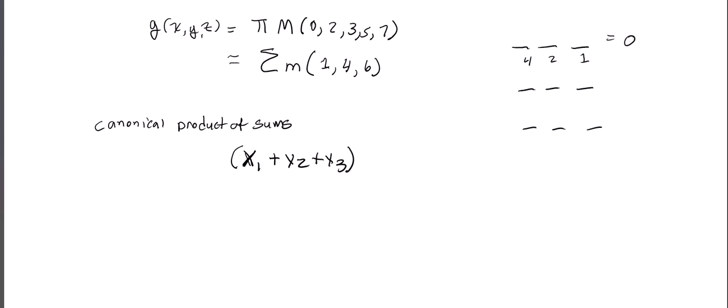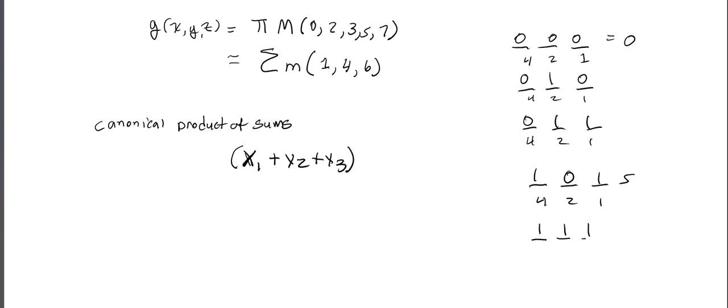So 0 is just going to have 0 in all of them. 2 will have a 1 in the 2's place and 0's everywhere else. 3 would be a 1 in the 2 and 1. 5 would be 1, 1, 0. So that's 5. And 7 is having 1's in all of them. You're going to learn more about binary numbers later. So these are the binary numbers 0, 2, 3, 5, and 7.